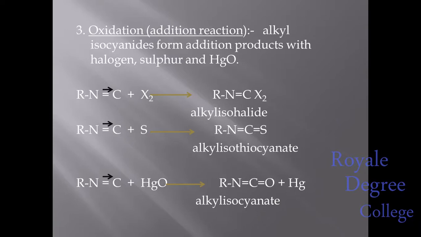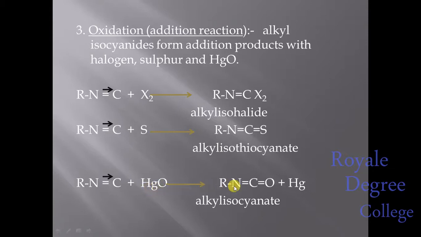carefully. The last reaction, as we are taking alkyl isocyanide here, R single bond and double bond carbon. Then another bond will be there between nitrogen and carbon, that is represented with the arrow mark, which is nothing but a coordinate covalent bond. In that we are adding mercuric oxide. Then oxidation will take place in alkyl isocyanide. What is happening here?